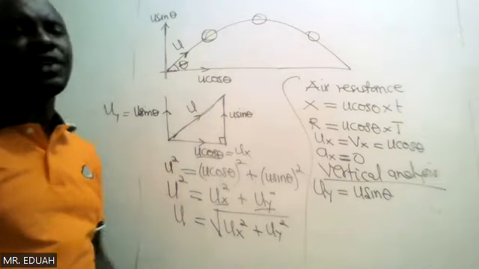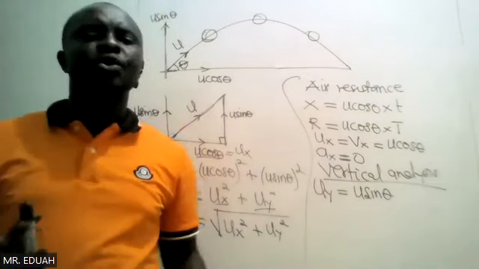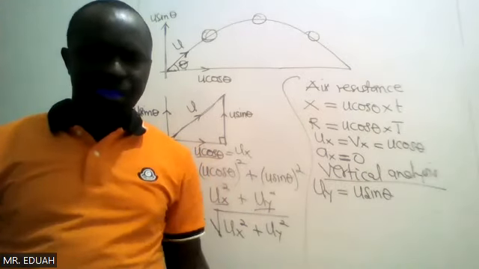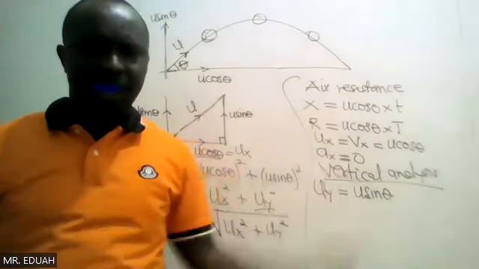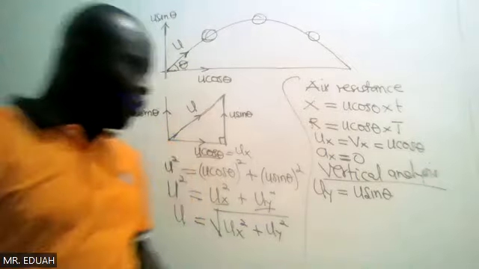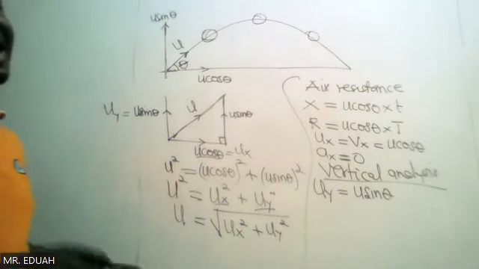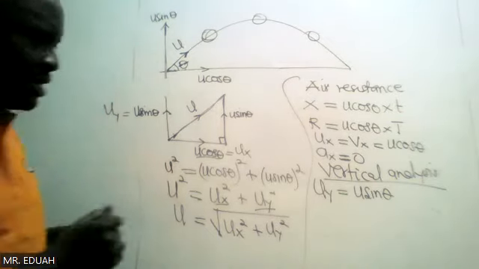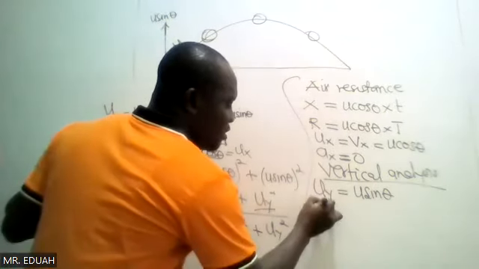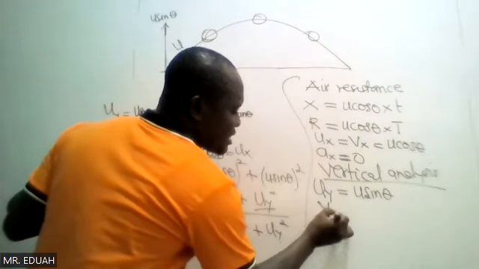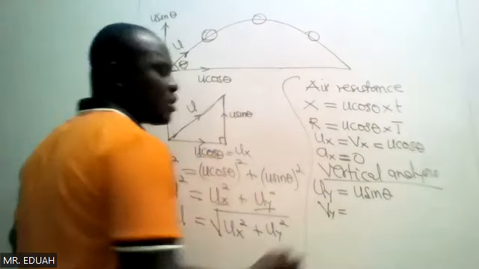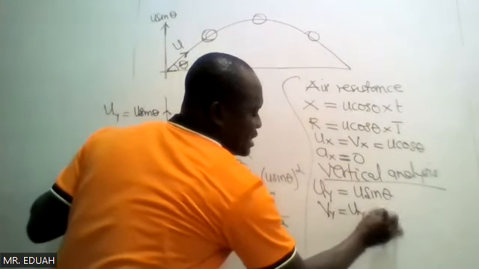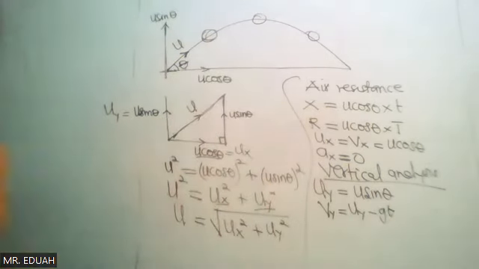Because of the effect of gravity, as the body goes up, the speed decreases. What causes it? Gravity. So after any time t, the velocity will change vertically. Final vertical velocity is equal to the initial vertical velocity uy minus gt.